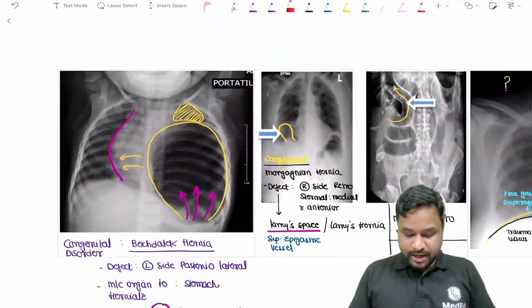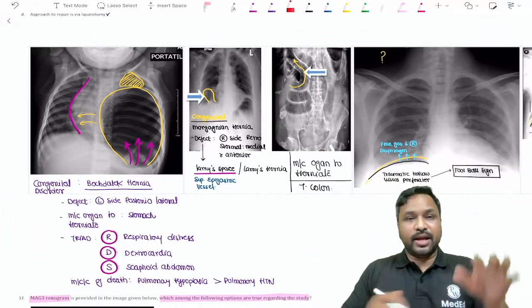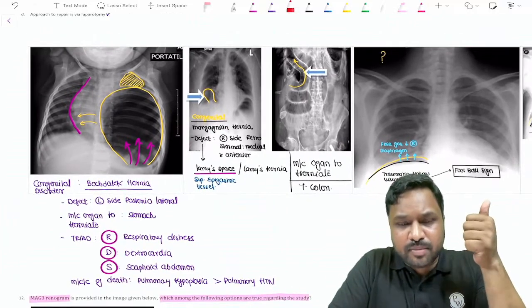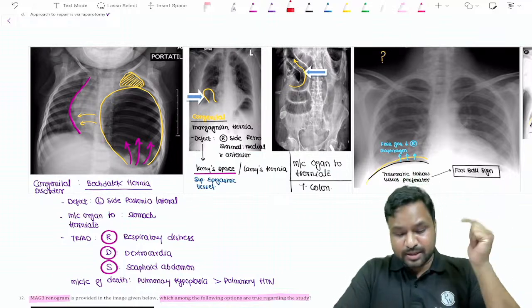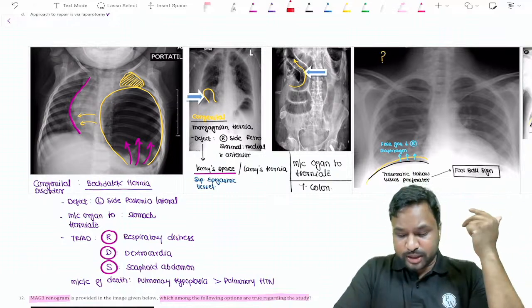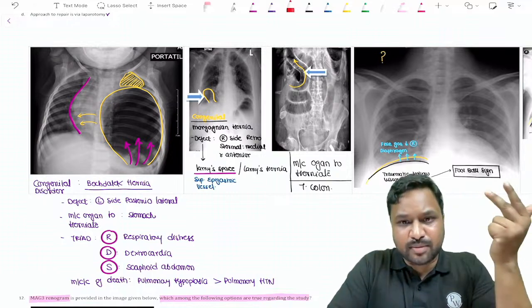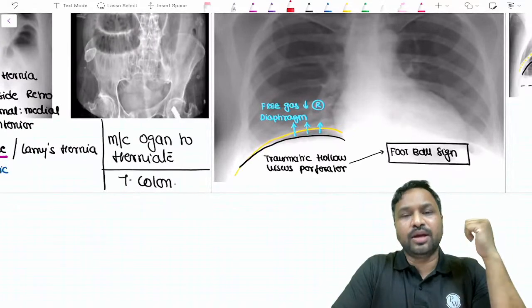Absolutely correct. Right, you can see the other forms of diaphragmatic conditions. If you see a gastric bubble in a neonate, that is going to be Bochdalek hernia. If you see it on the right side rather than on the left side, it is Morgagni hernia. If you see that the colon is herniating on the right side, it is again a Morgagni hernia. If you see free gas under the diaphragm, it is going to be, what is it?